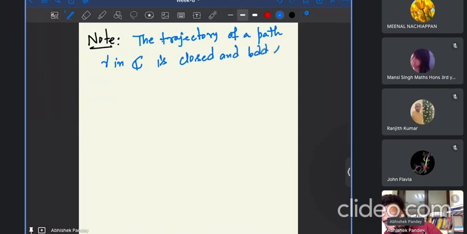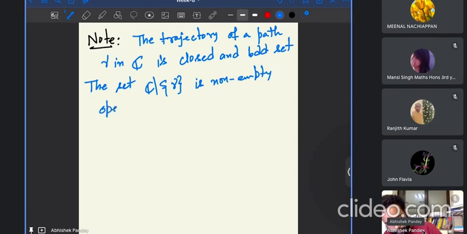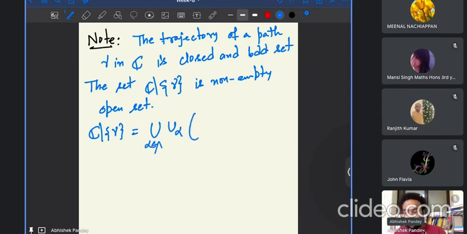Since it is closed and bounded, C minus gamma is a non-empty open set. It means that C minus gamma is a union of U alpha, alpha belonging to some index set, where the U alphas are a disjoint union of domains.